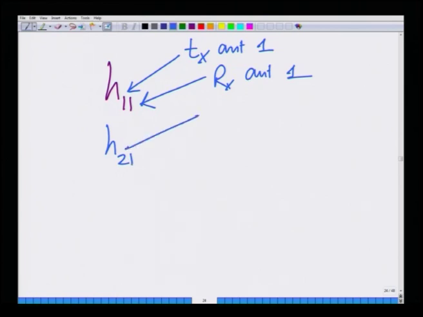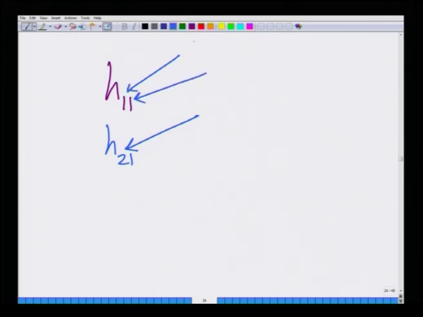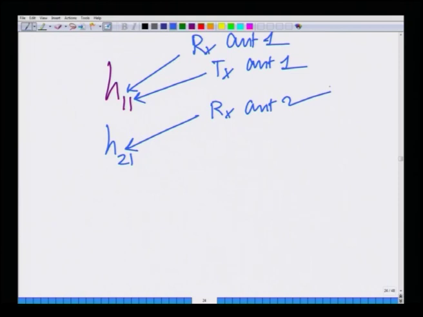H21 is, I am sorry, this has to be the other way around. This is Rx antenna 1 and Tx antenna 1. H21 is between Rx antenna 2 and Tx antenna 1.